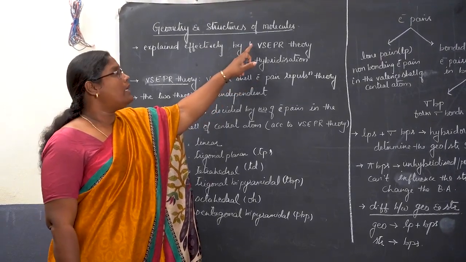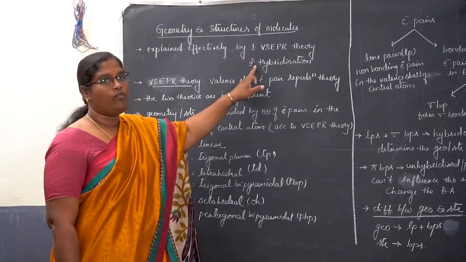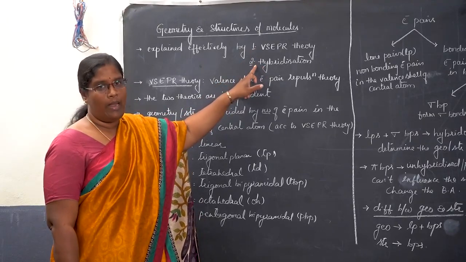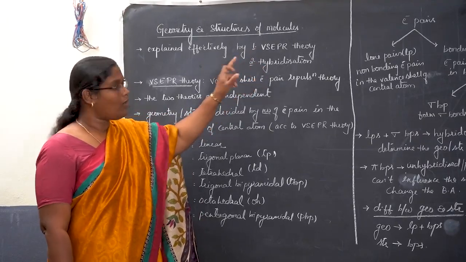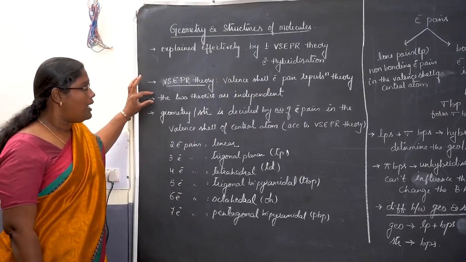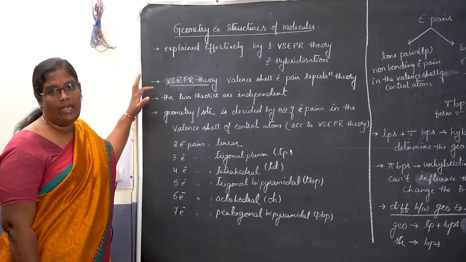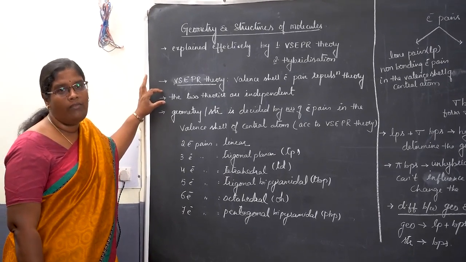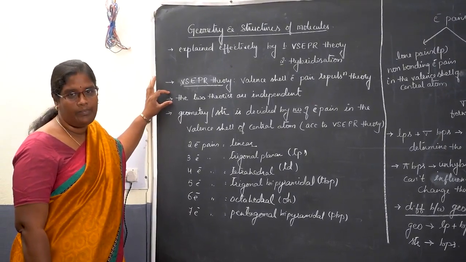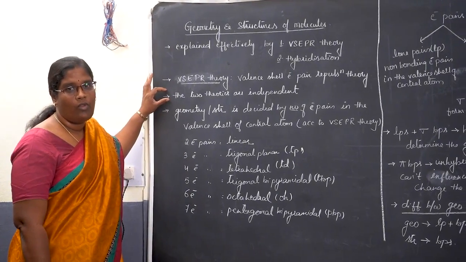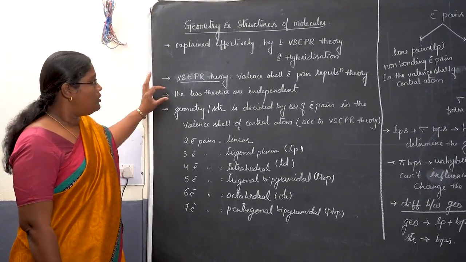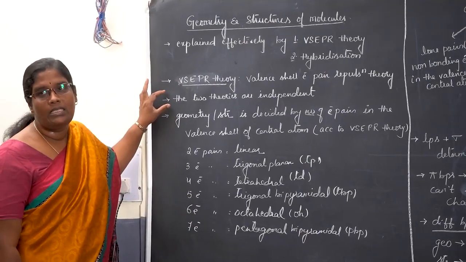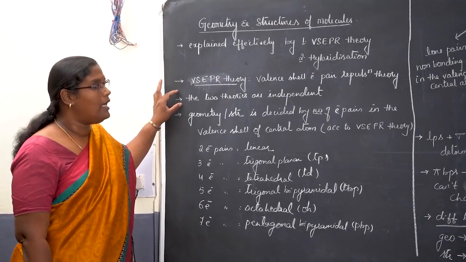So we can determine the geometry or structure of molecules based on two theories, VSEPR theory and hybridization. These two theories are actually independent theories, but for our convenience, we combine both of them.